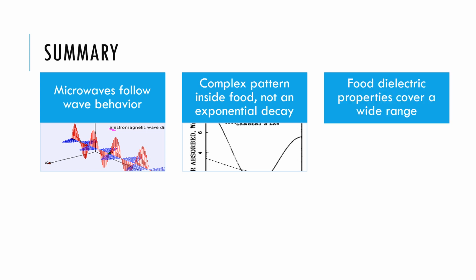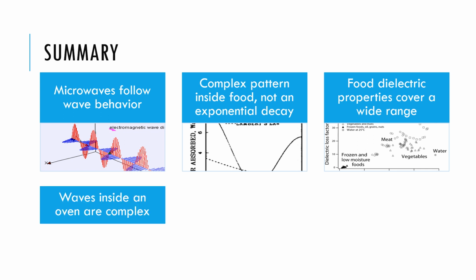Now, the electric field of the microwaves interacts with primarily two components, the water molecule and the ions, and this interaction is characterized by two properties, dielectric constant and dielectric loss, and for foods they cover a very wide range.